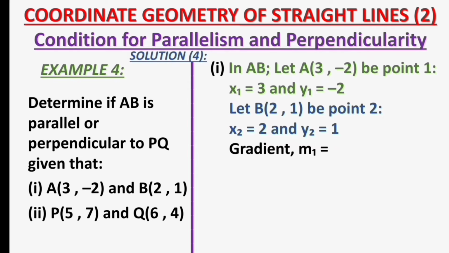In line AB, let point A be our point 1. That means that x1 is equal to 3 and y1 is equal to minus 2. Also, let point B be our point 2. That means that x2 is equal to 2 and y2 is equal to 1. Next, can you remember the formula for the gradient of a straight line joining the points x1, y1 and x2, y2? Let's see if you can.